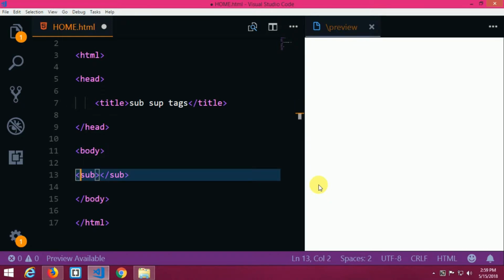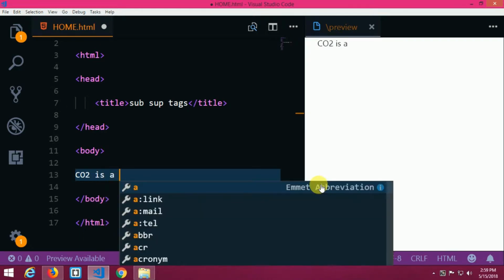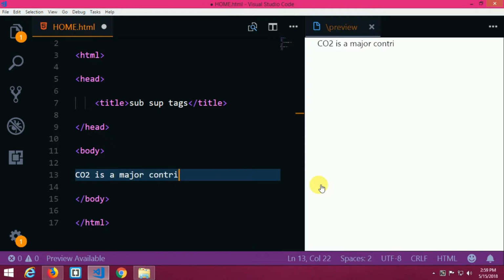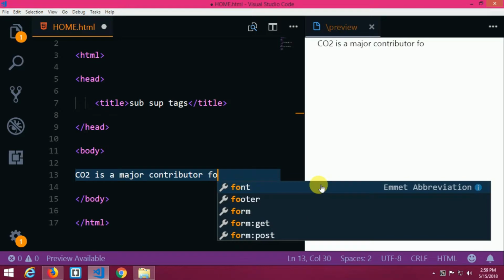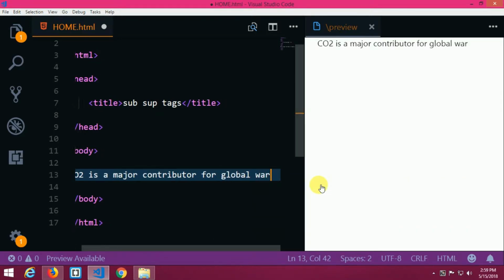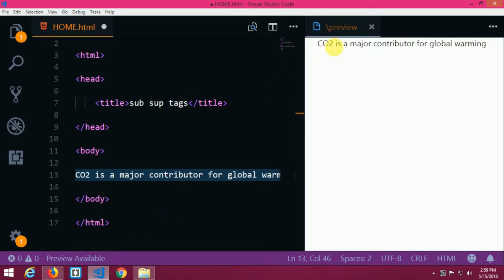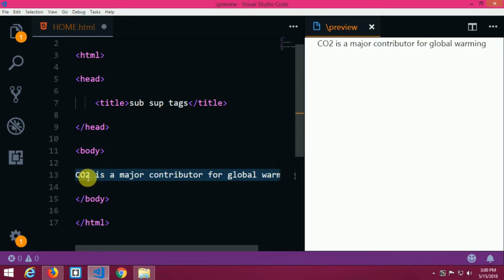If I am writing CO2 is a major contributor for global warming. You can see that this 2 needs to come below the CO, because this is not the correct scientific value of CO2. In this type of situation, you need this sub tag.